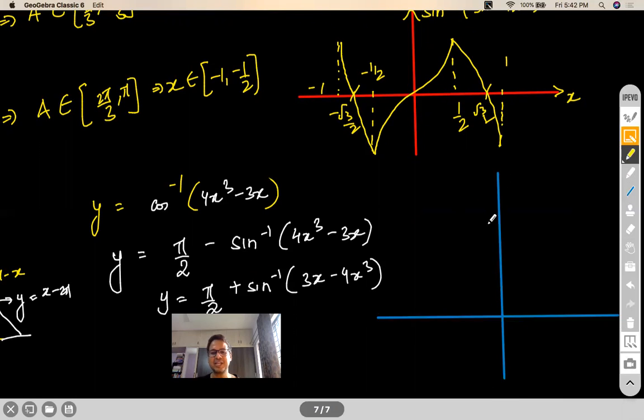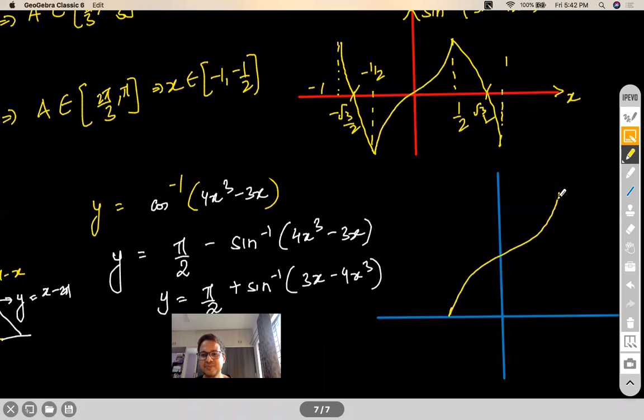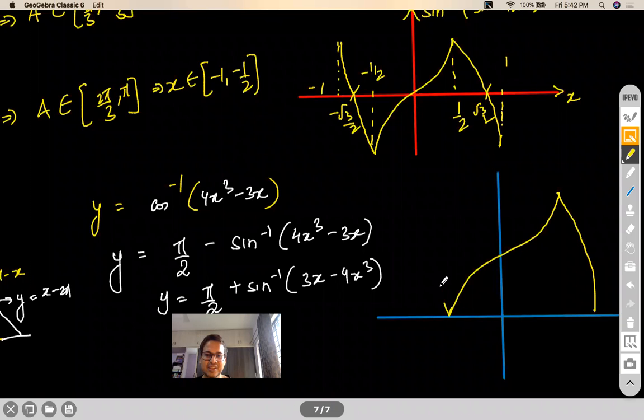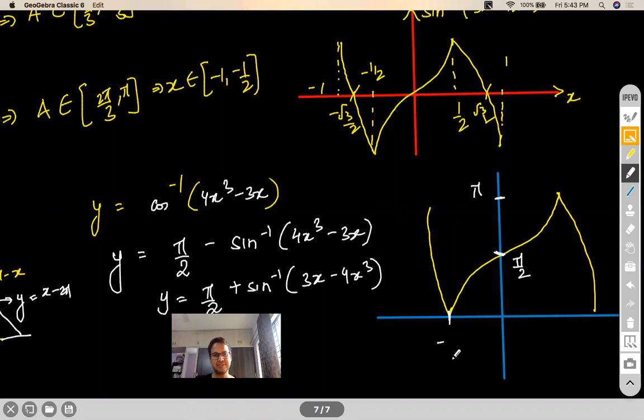Okay, so I'll not draw everything. I'll just draw this graph like this. Okay, this top end will be at pi. This is pi by 2. This position will be minus half.